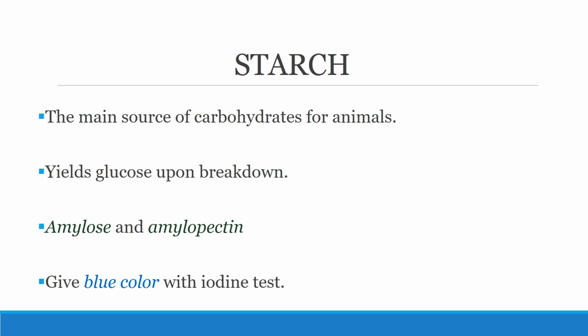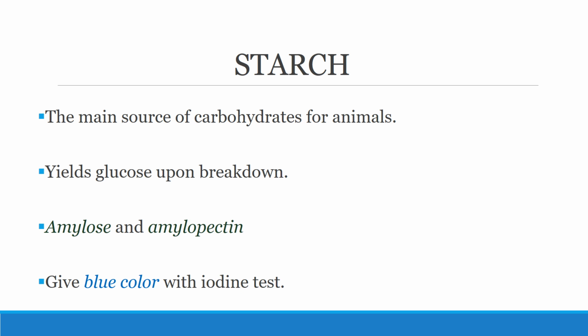Starch is one of the most important carbohydrates that is present in case of animals as a main source, and it is present in fruit, grains and seeds. And then you can see the most important types of starch that is present in the animal cell.